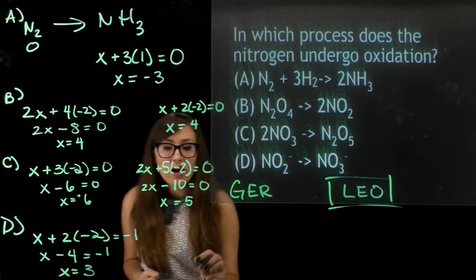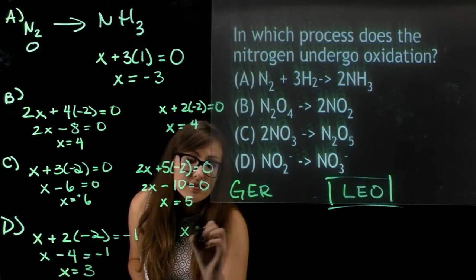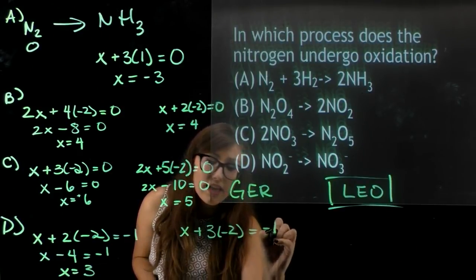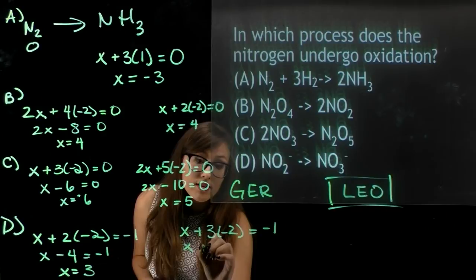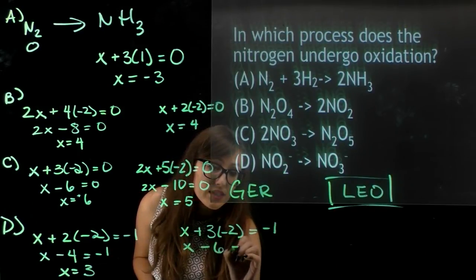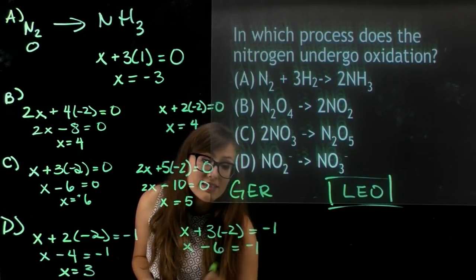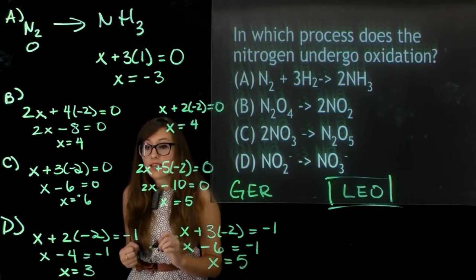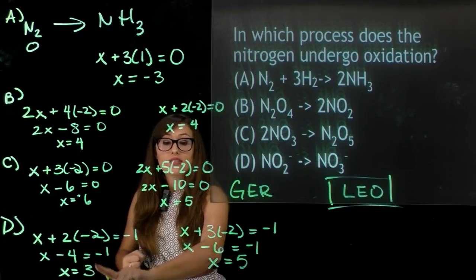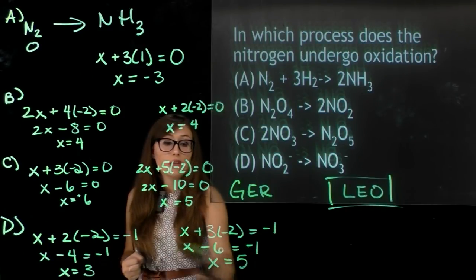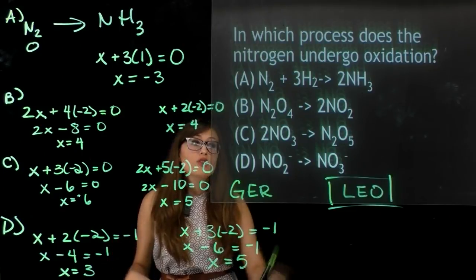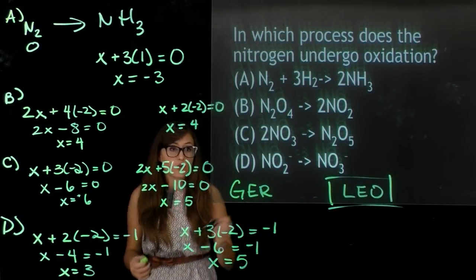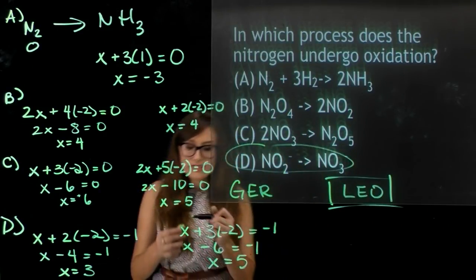And for the product side, we have x plus 3 times -2 is equal to -1. x minus 6 is equal to -1. We add 6 to both sides, and we get x is equal to 5. In this case, the oxidation number for nitrogen is going from 3 to 5, so it's getting more positive, so it's losing electrons, so it's undergoing oxidation. So the correct answer would be D.